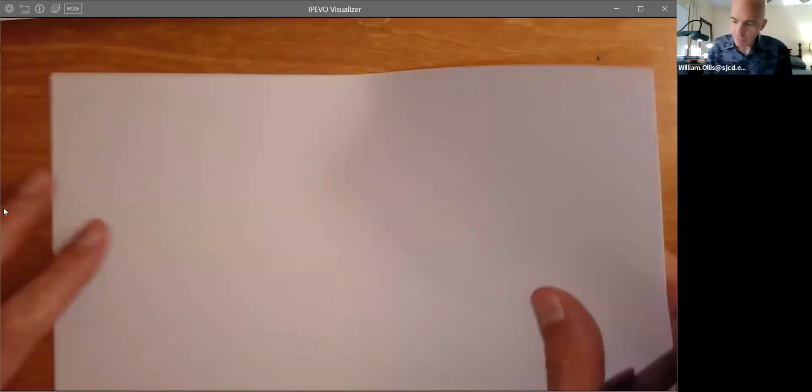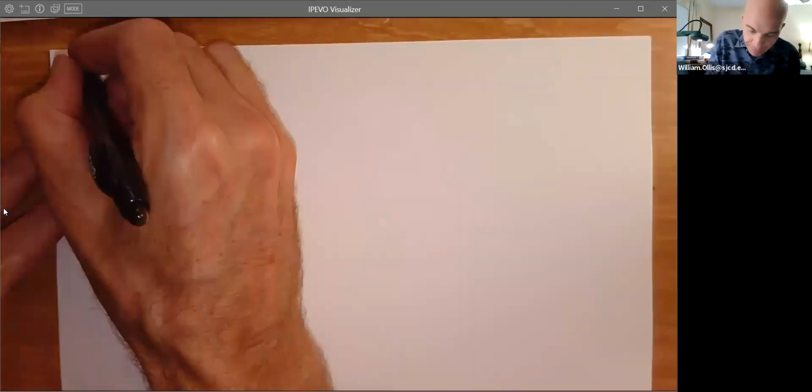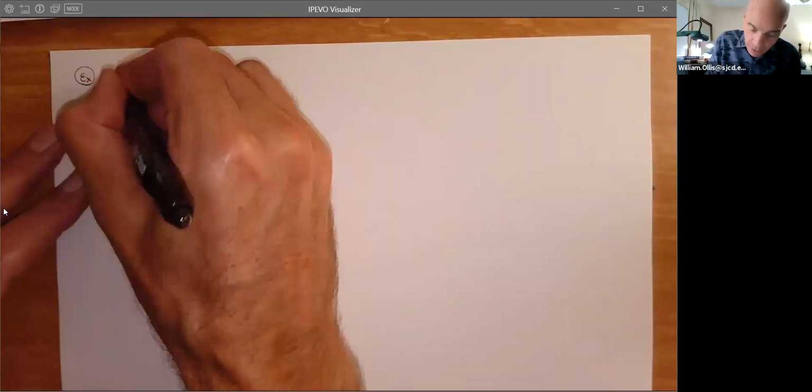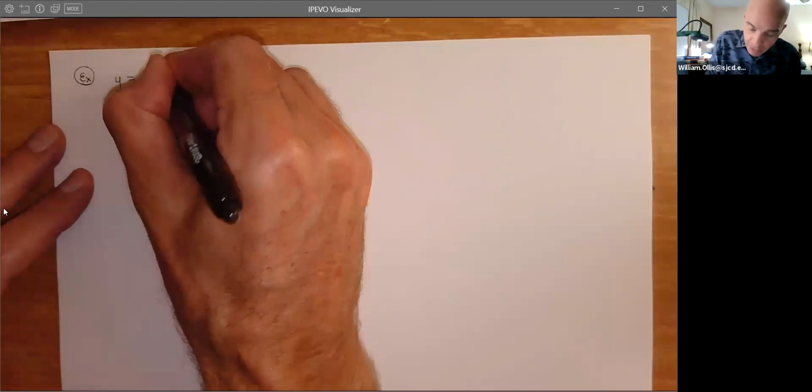So say, for instance, we're in a Cal 1 class and it's about over and you're ready to take your break. And you get something like this: y equals the natural log of x divided by x.